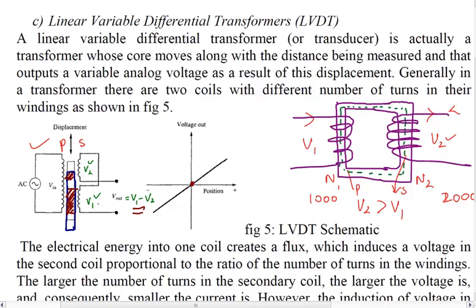So the voltage V1 will be more than V2 and hence the V out will have a positive value because V1 is more than V2. So as you can see in this graph, as the position is moving in this direction, that means when we are moving out, we will have the value V1 minus V2 more because the V2 value is keeping on reducing.